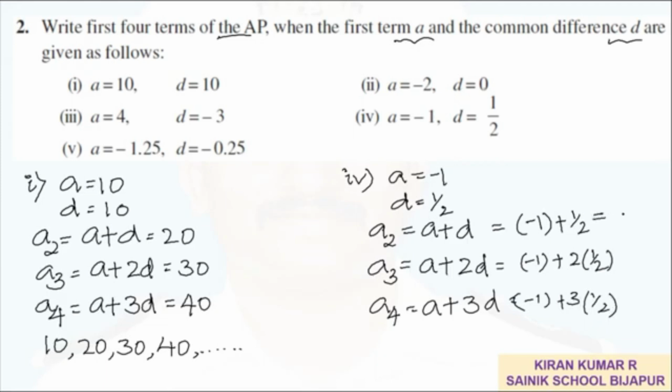Let me find it out. It is negative half. This will become 0. This will become positive half. So the sequence is -1, minus half, 0, 1/2. Each time we get the common difference as 1/2.